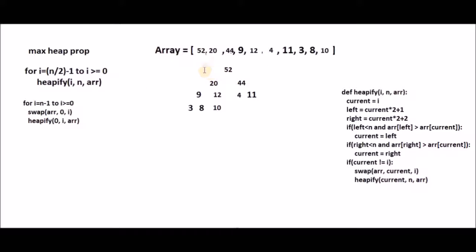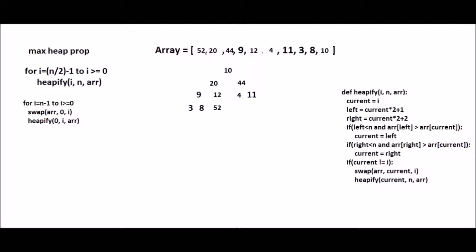So now what we are doing is, we are getting rid of this, and we are going to put 10 over here, and we are getting rid of this, and we are going to put 52 over here.